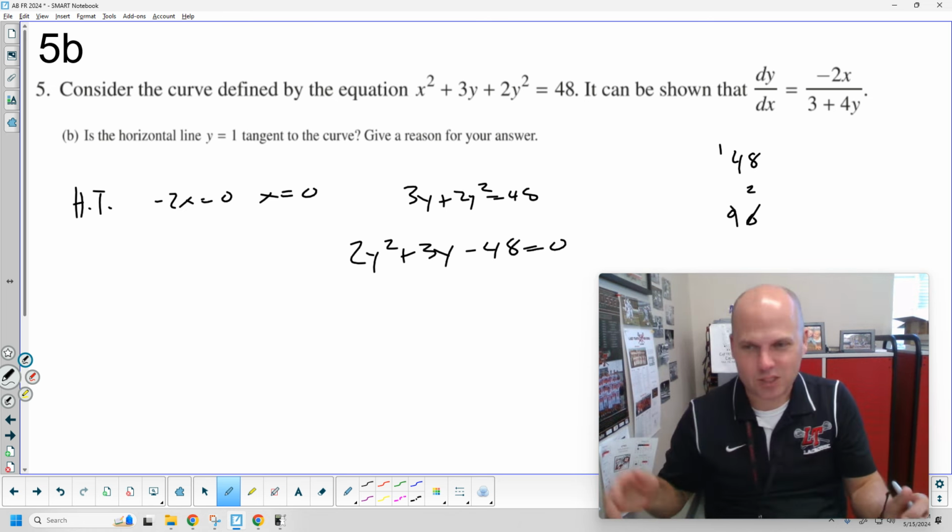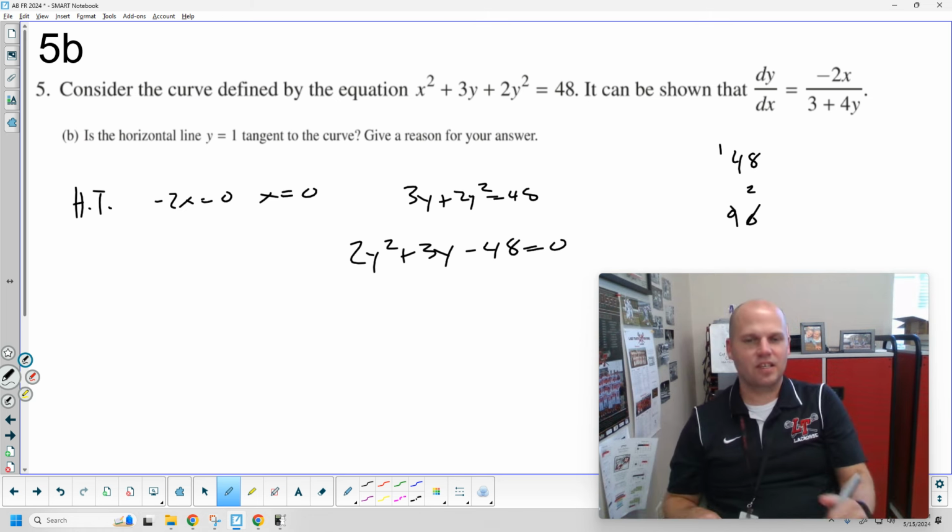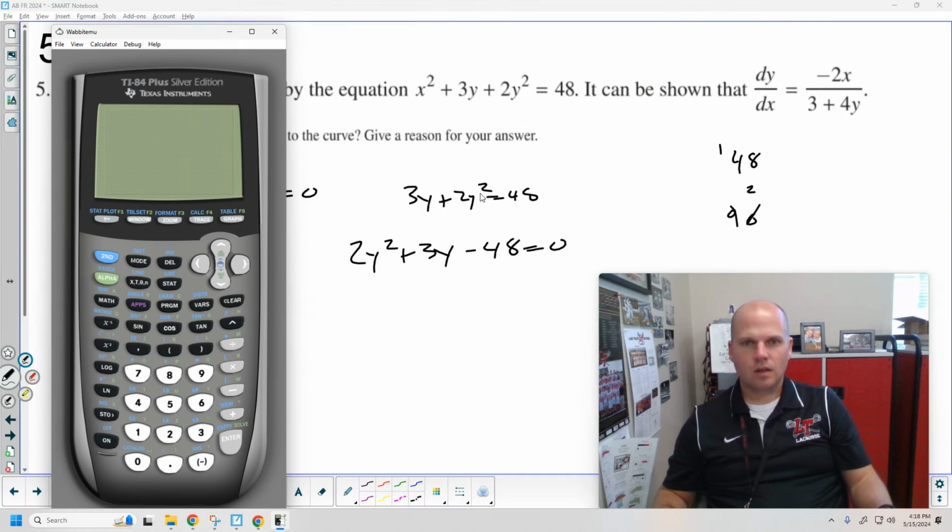I'm trying to find the actual locations of horizontal tangents. I might use my calculator really quickly. 8, 12 and 8. No.